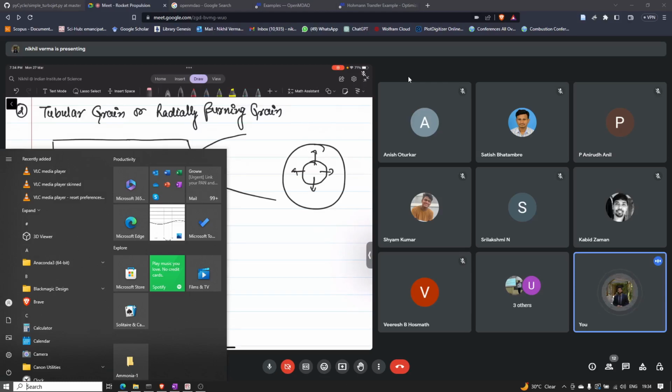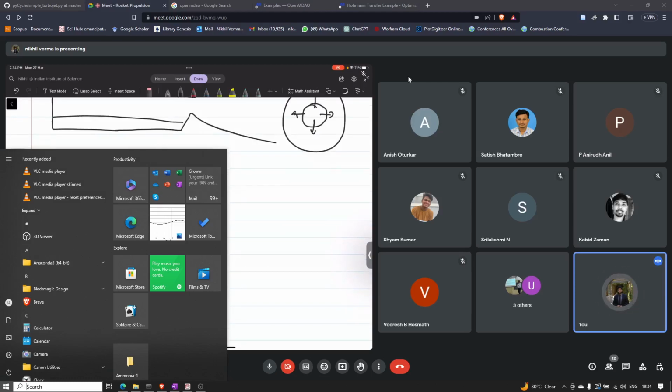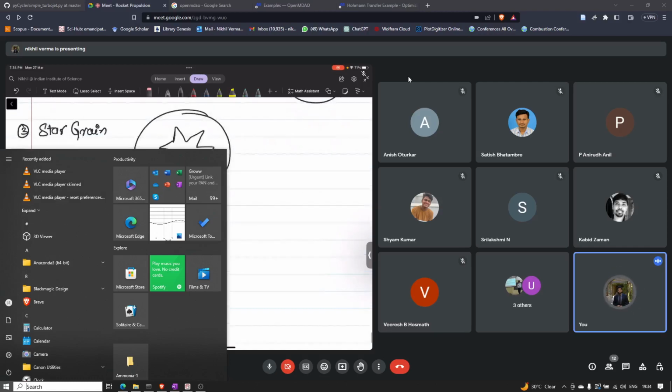Next is the star grain geometry, which is something like this.